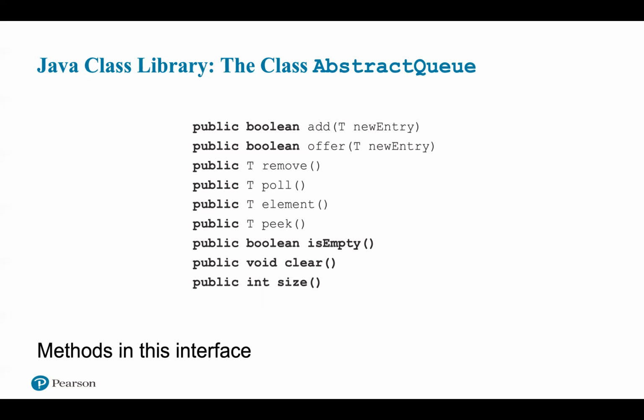Note that the class java.util.PriorityQueue, which we mentioned in the previous chapter, extends AbstractQueue and thereby implements the methods declared in the interface java.util.Queue. So to learn more about AbstractQueue, consult the online documentation for the Java class library.